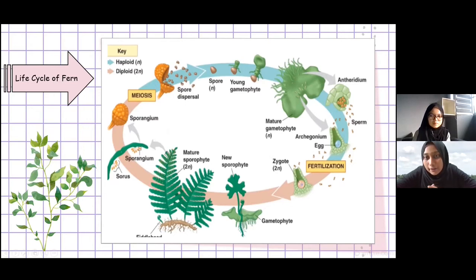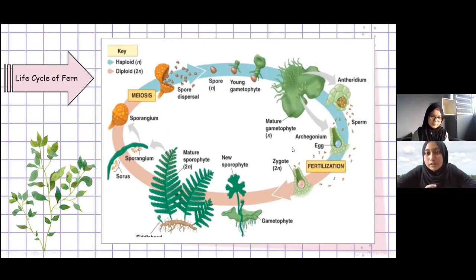When it's a rainy day, the water is stagnant around the fern. When the water is stagnant, it allows the sperm to swim from the antheridium to the archegonium, because the sperm contains flagella, so when there is water, it can swim.